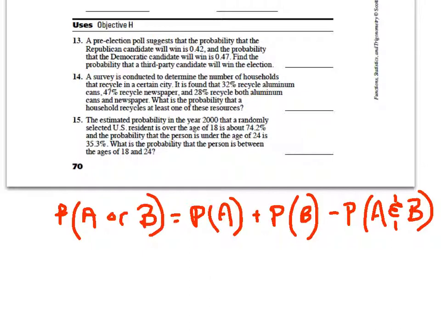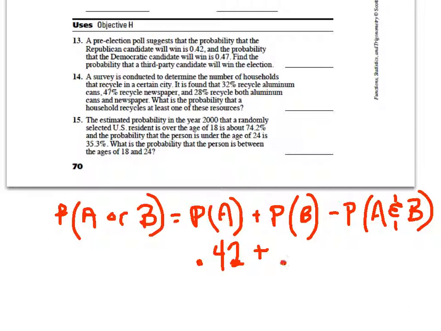I'll read through it. A pre-election poll suggests that the probability that the Republican candidate wins is 0.42, probability of the Democratic candidate is 0.47. Find the probability that a third party candidate wins the election. That's the same thing as saying find the probability that one of those two parties doesn't win. Well, think of Republicans as A, so that'd be 0.42.